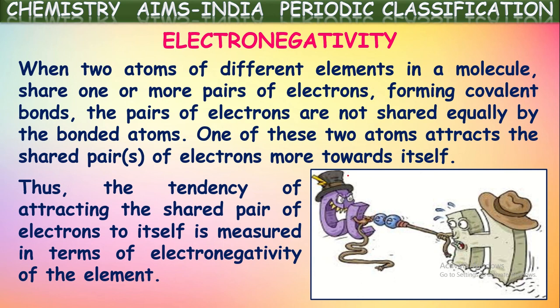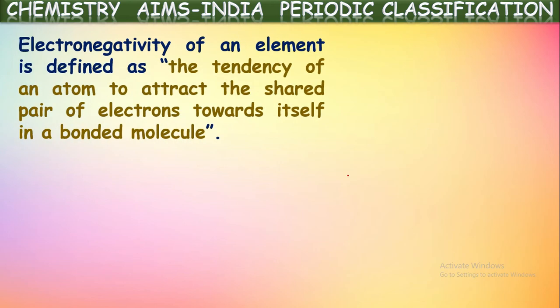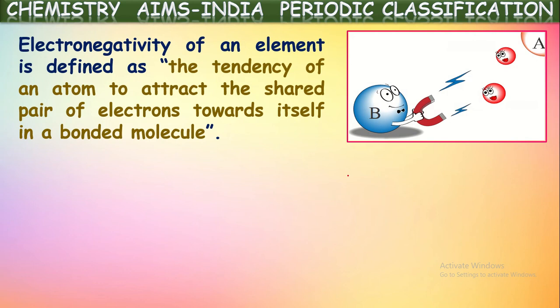Now we can define electronegativity as the tendency of an atom to attract the shared pair of electrons towards itself in a bonded molecule. So, if two different atoms are forming a covalent bond by sharing one electron each, the shared pair of electrons is not equally shared between them.